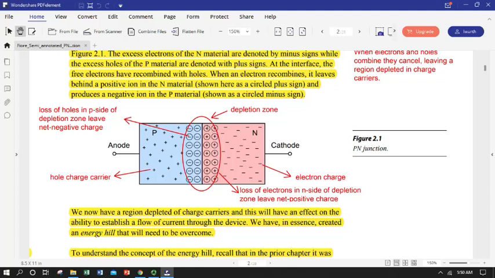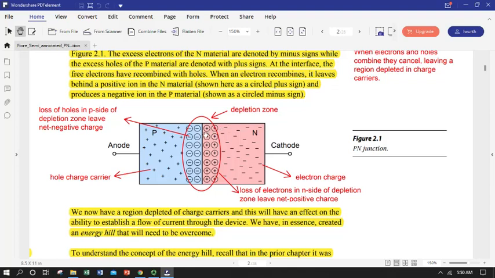Okay, let's think a little bit more about why we have this fixed charge though. So we had a whole bunch of majority electron charge carriers here, and they recombined, and so we got left with nothing. Why is it a plus instead of just a 0? The reason we're putting pluses here on the N side and minuses on the P side is because it's positive or negative relative to what that doped material wanted to have.